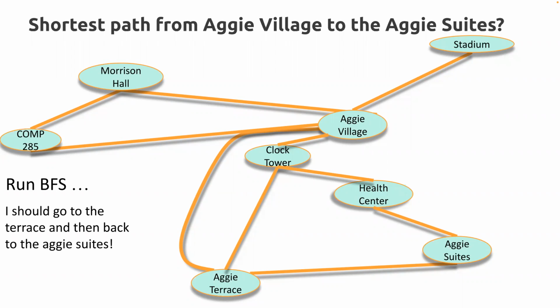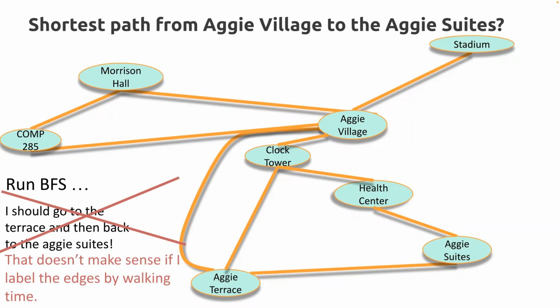Now, intuitively, the real question I wanted to ask is, what is the shortest path in time? What's the quickest way to get there? BFS in this example obviously gives us the wrong answer. It doesn't make any sense to start here, walk all the way to Aggie Terrace, and then walk all the way to Aggie Suites, okay?